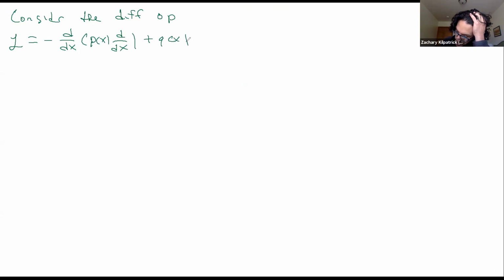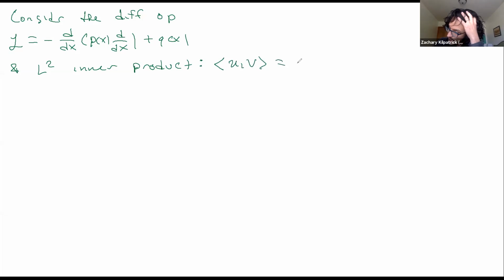So now I've just written that differential operator by itself, okay? And the L2 inner product, as promised before, is going to be what? The inner product of u with v, right?